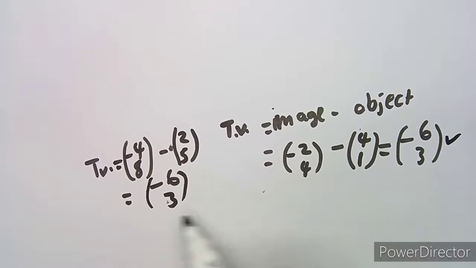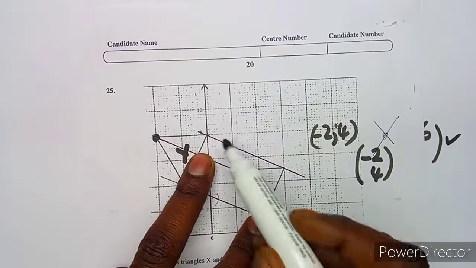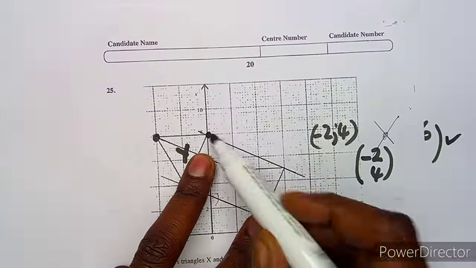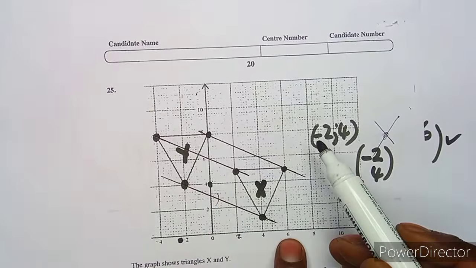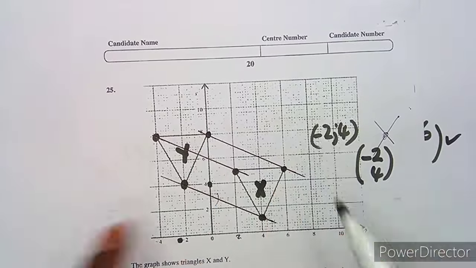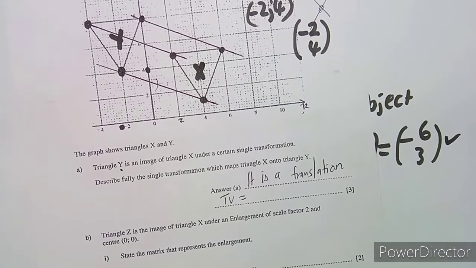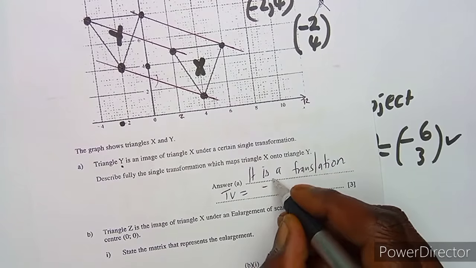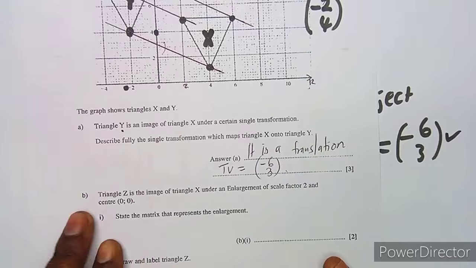As you can see, you obtain the same answer. I want you to prove the last one, the point at (0, 8) and the point at (6, 5), to see if you obtain the same answer. So our translation vector is (-6, 3). We are done.